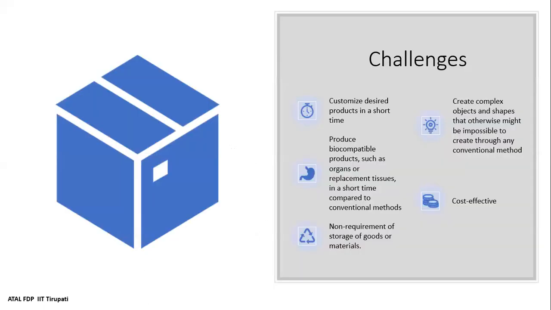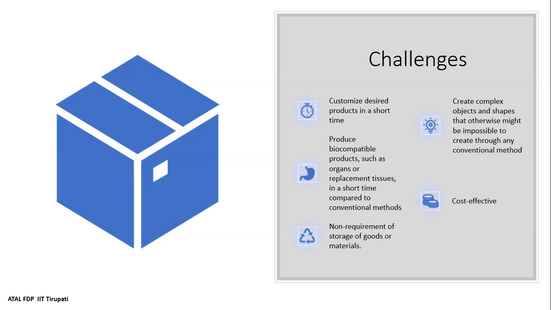So what are all the big challenges? The biggest desire is customized products in a short time. Producing biocompatible products such as organs or replacement tissue is also very important. Next, there is no requirement of storage of goods.